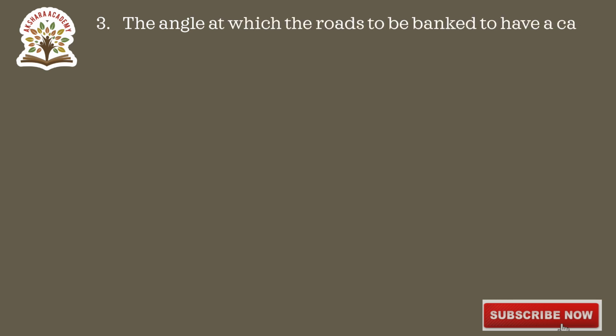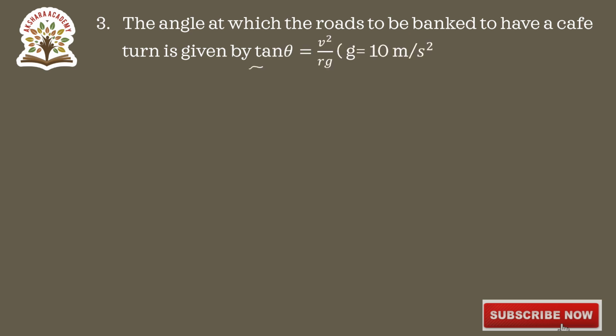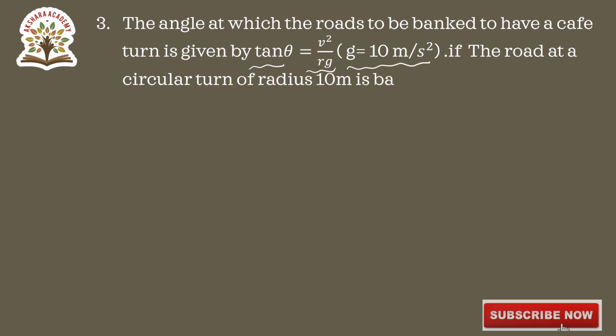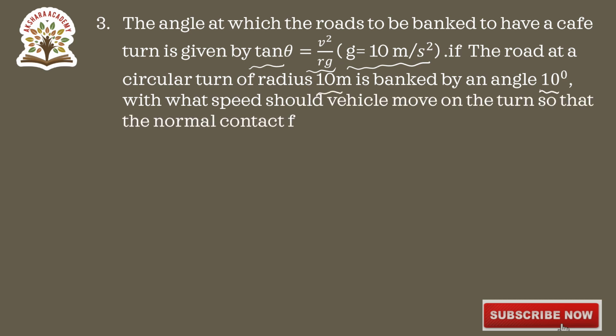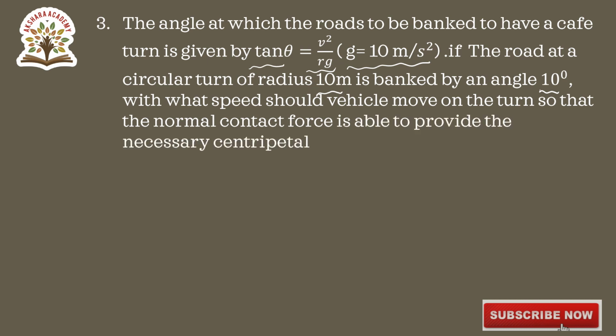Third question. The angle at which the road is to be banked to have a safe turn is given by tan theta is equal to V square by R g. g is equal to 10 meters per second square. If the road at a circular turn of radius 10 meters is banked by an angle 10 degrees, with what speed should a vehicle move on the turn so that the normal contact force is able to provide the necessary centripetal force?